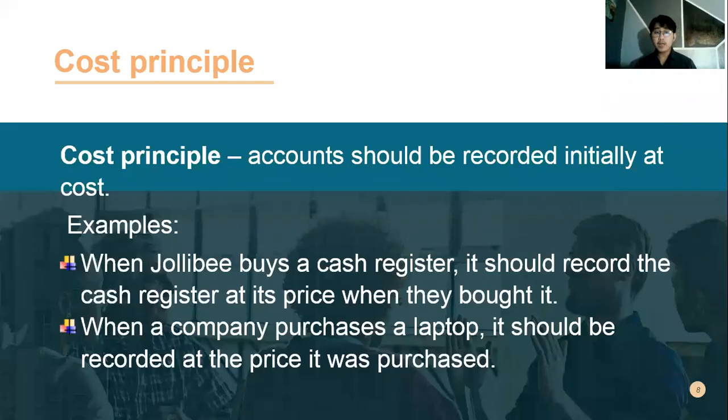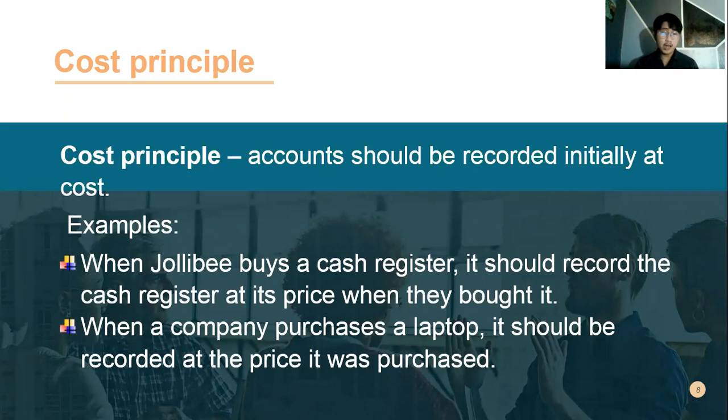Next na principle is the cost principle. When you say cost principle, the account should be recorded initially at cost. Okay? Example nito. When Jollibee buys a cash register, it should record the cash register at its price when they bought it. Okay?